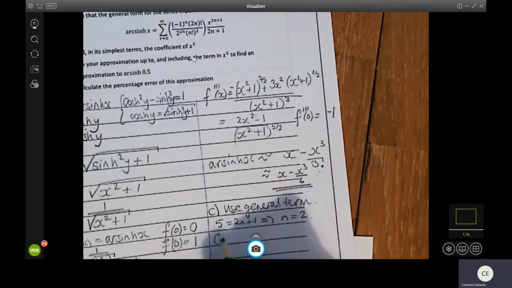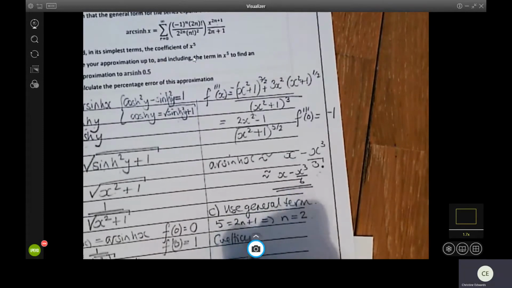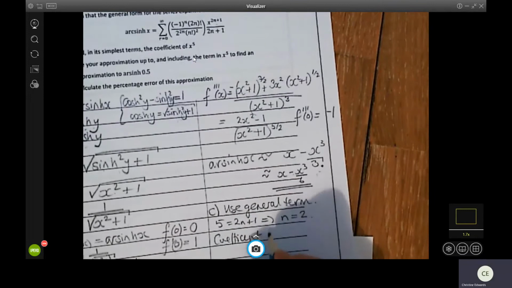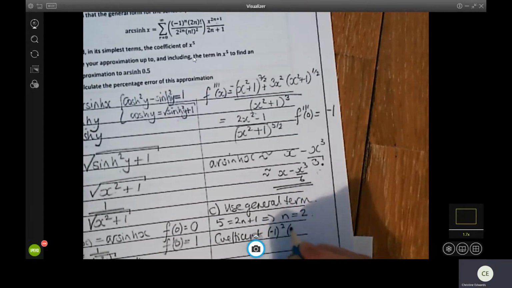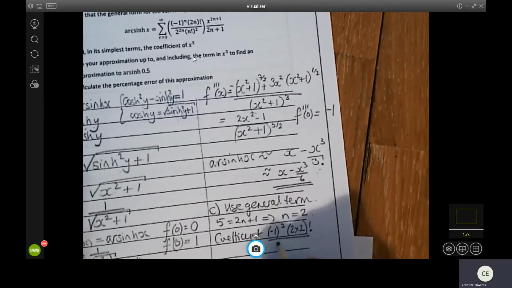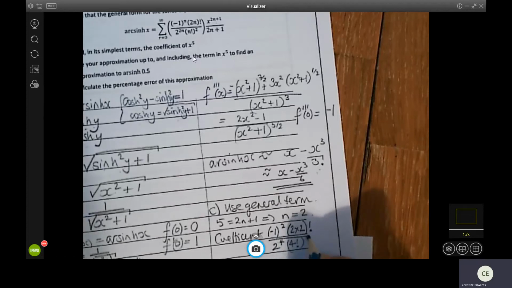So the coefficient is going to be, using the expression in the question, minus 1 squared, 2 times 2 factorial over 2 to the 4 factorial squared.